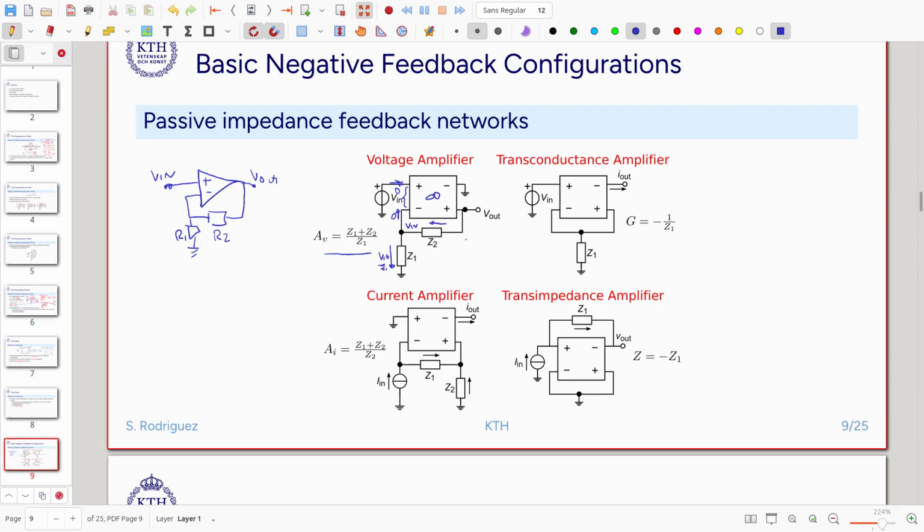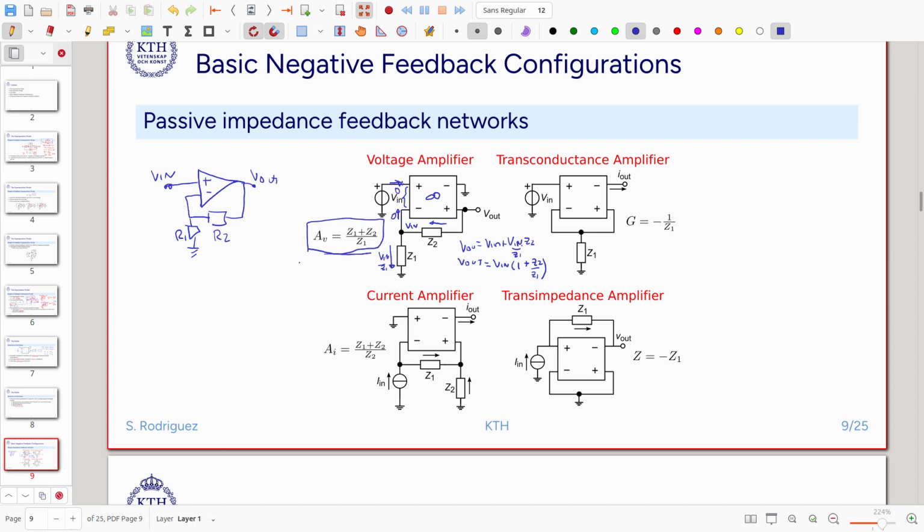And then we can easily calculate the output voltage: V out will be equal to V in plus V in divided by Z1 multiplied by Z2. So V out will be equal to V in times 1 plus Z2 divided by Z1. Or the voltage gain will be like this, exactly the same.